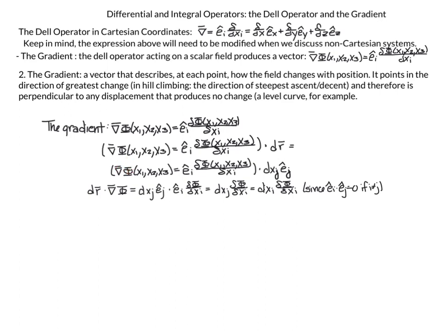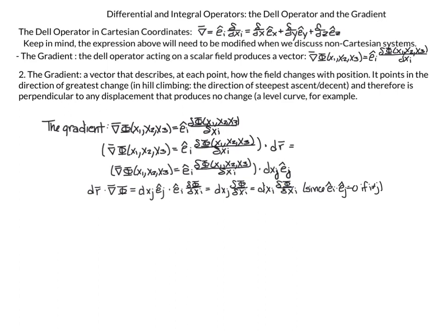So I have my del of phi dotted with dr is equal to, and now I rearrange some of these terms, my d of xj, e sub j, dotted with e sub i, d phi over dx of i. And now, because e sub i dotted with e sub j is equal to 0 unless i equals j, and when i equals j it's equal to 1, all that's left is my d of x sub j, d phi over dx of i, but i has to equal j, so we get d of x sub i, d phi over dx of i.